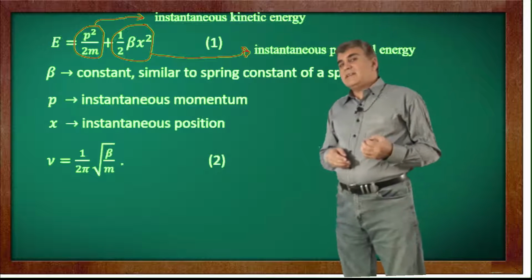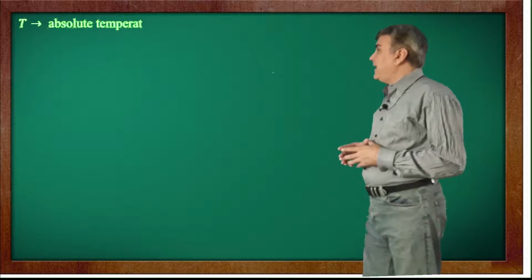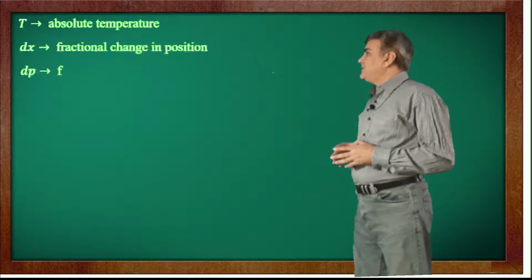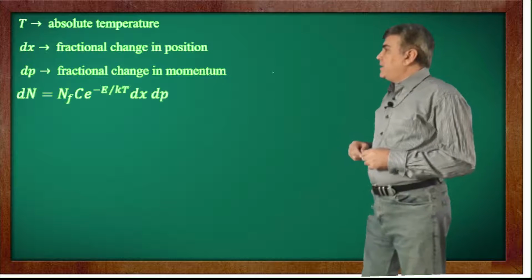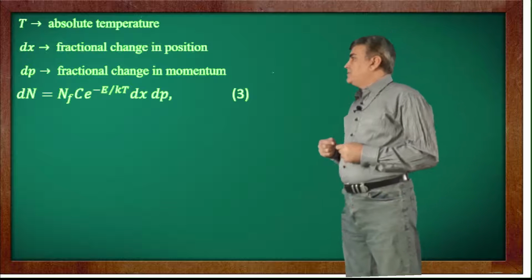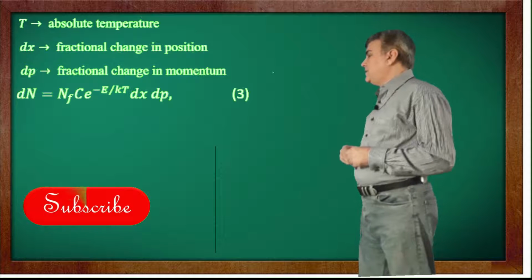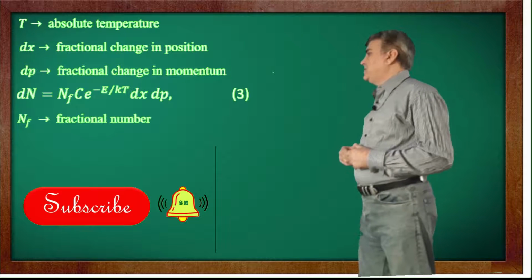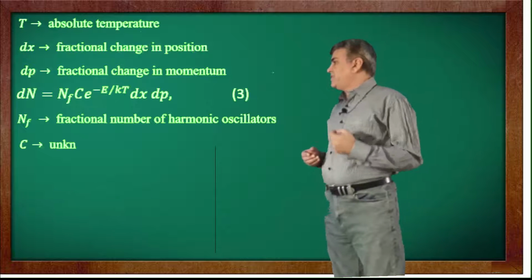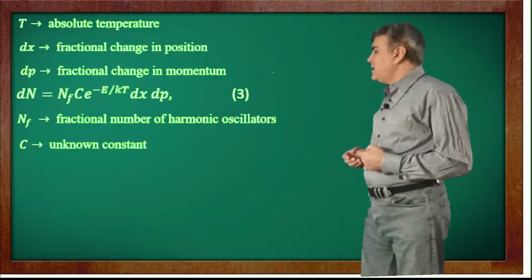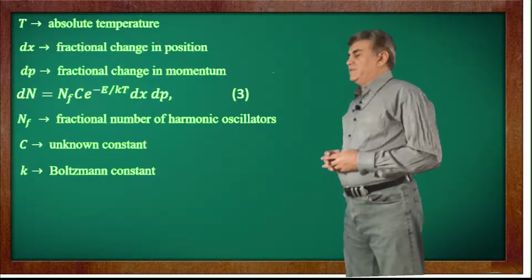According to classical statistical theory, the differential number of harmonic oscillators at an absolute temperature T in a differential position dx and differential momentum dp can be expressed in the form dn equals n sub f times c times exponent minus E divided by kT times dx dp, where n sub f is the total number of harmonic oscillators in the range from 0 to differential dx and dp, c is another unknown constant, and k is Boltzmann's constant.